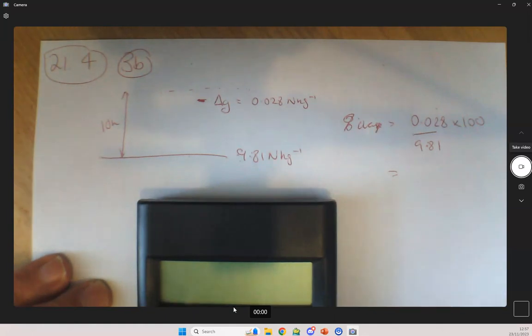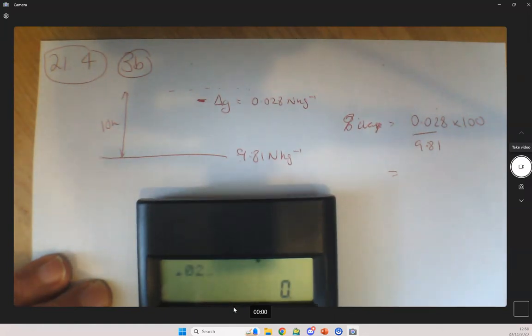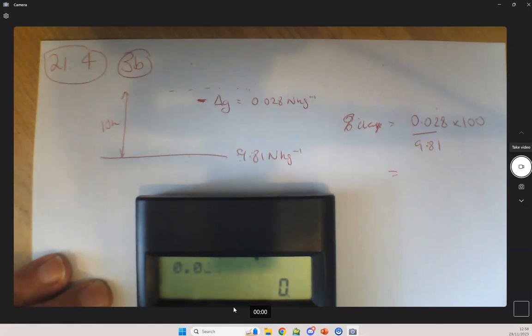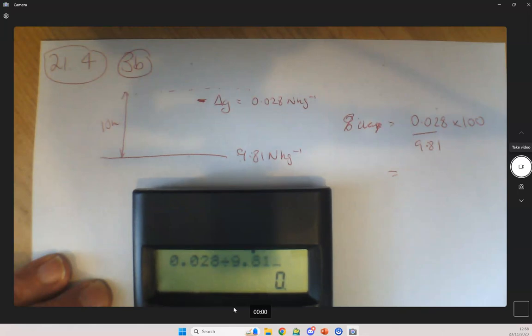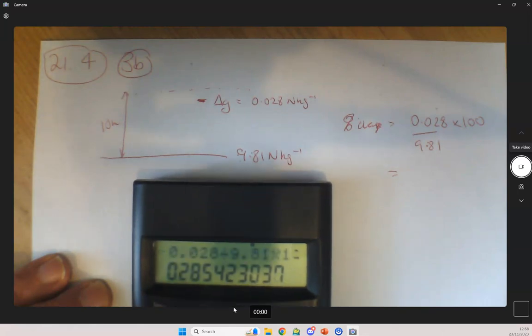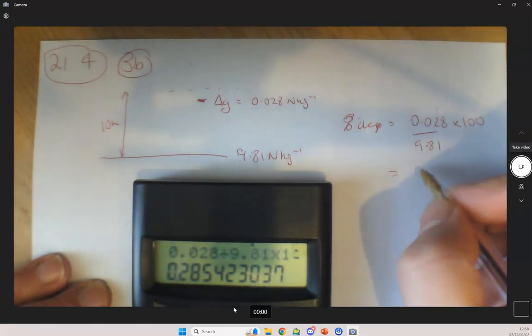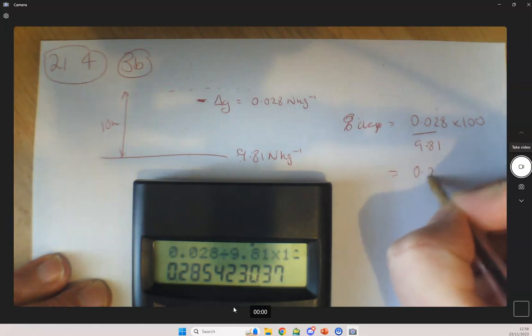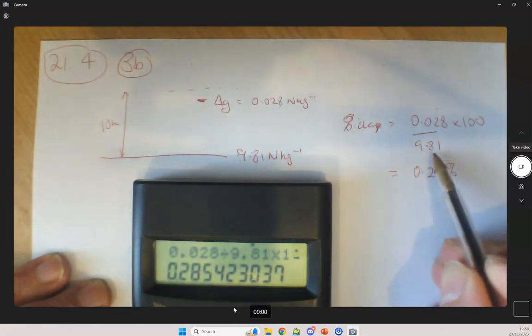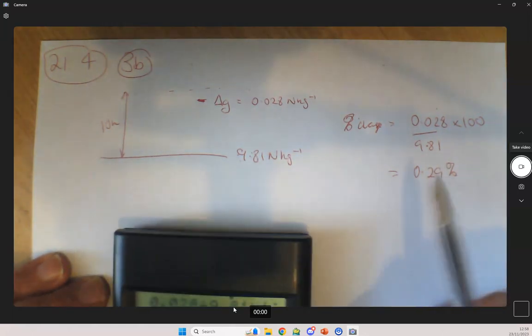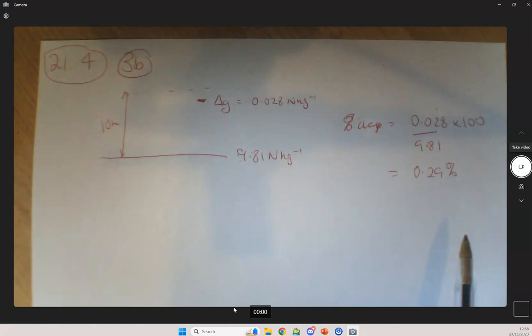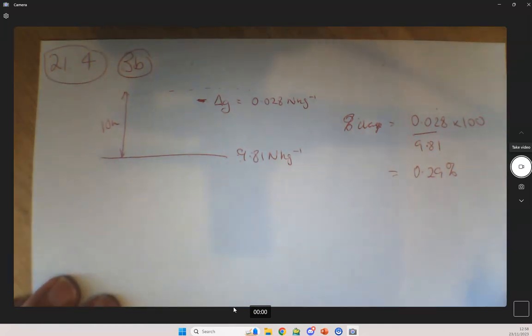So 0.028 divided by 9.81 times by 100 gives me, funnily enough, 0.29, which is pretty much the same figure divided by 10 effectively. So we've got a percentage change of 0.29%. So I could have discussed this.